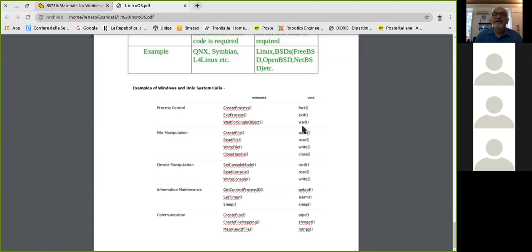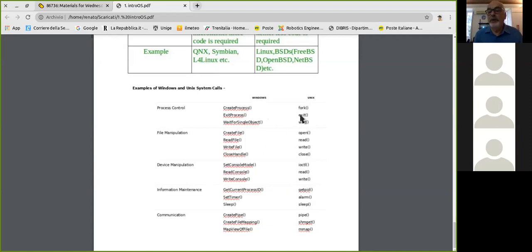So there are system calls, the ones that we will learn to use, because our POSIX system calls have a Windows version that is strictly related.